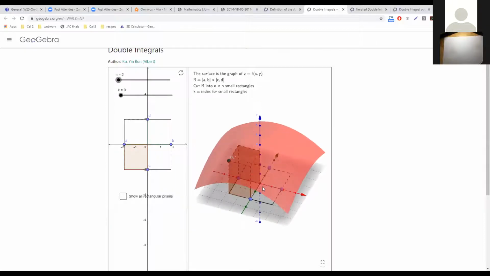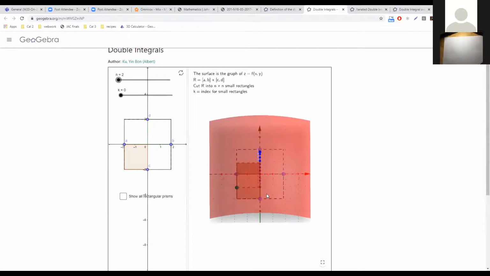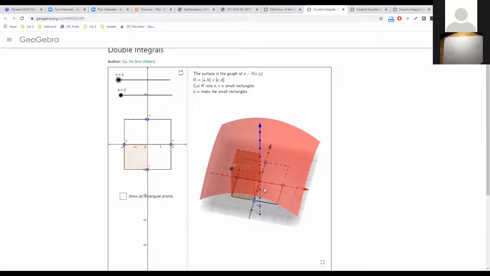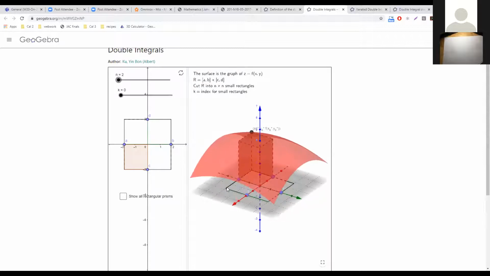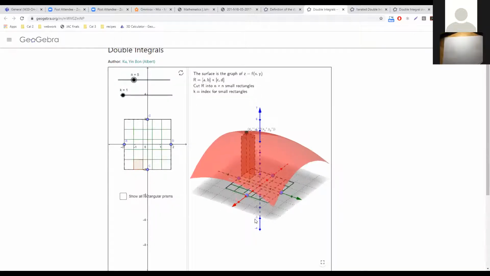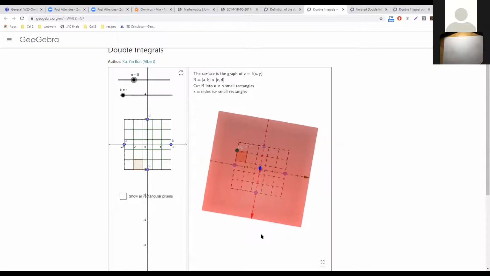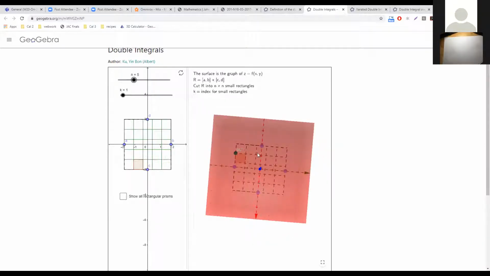So if I divide, where is x? It's right here, positive and positive. Here I can increase the subintervals. For example, it's 3 by 3, or 4 by 4, or 5 by 5, and so on and so on. If I look from here, I'm observing a mesh.